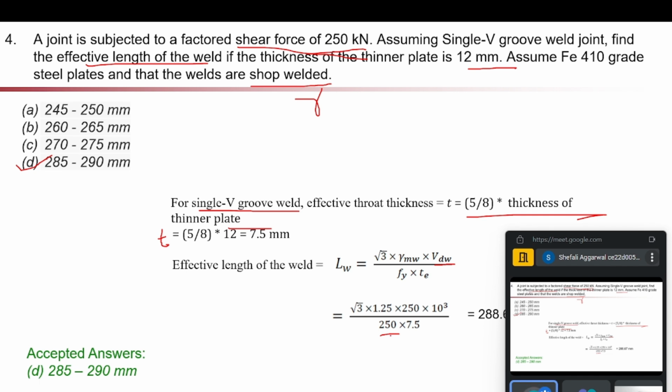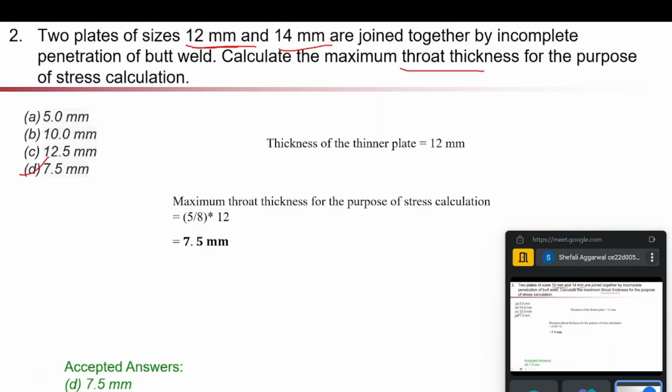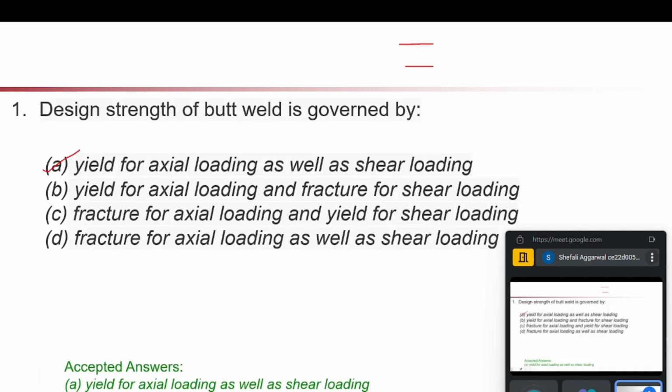For the previous question, when we were saying which governs the strength, whether yield or fracture, they should be considered. The yield strength is considered for the shear, and that was the answer, right? We said in that question also that yield is for axial loading as well as for shear loading. Okay, sorry, I got a little confused. I thought fracture for both things. Okay, right, we are considering yield only.